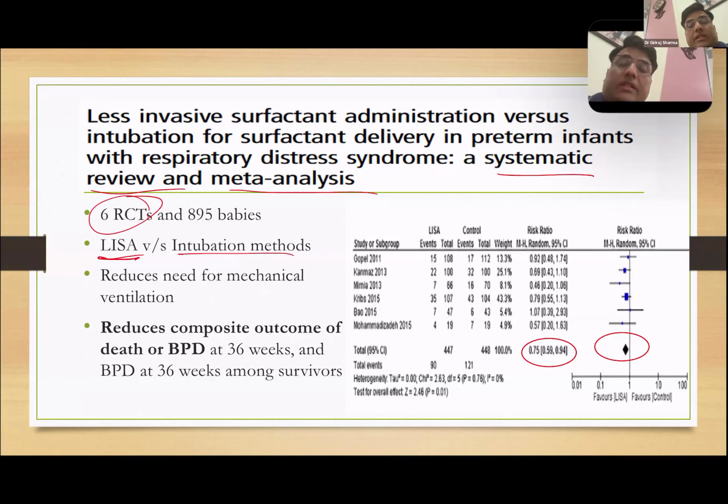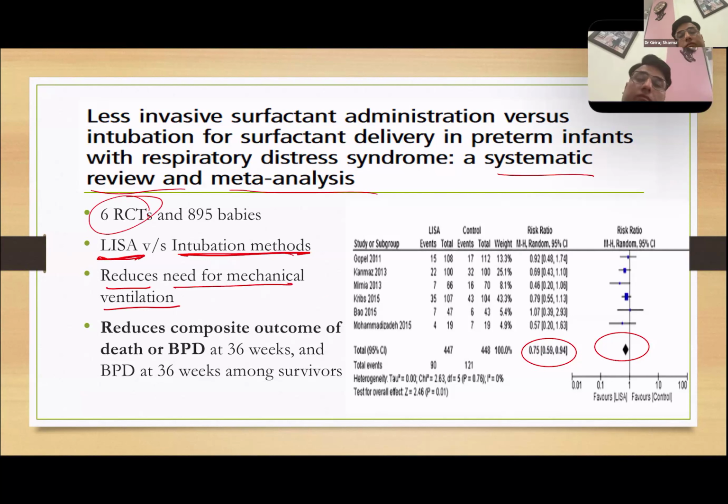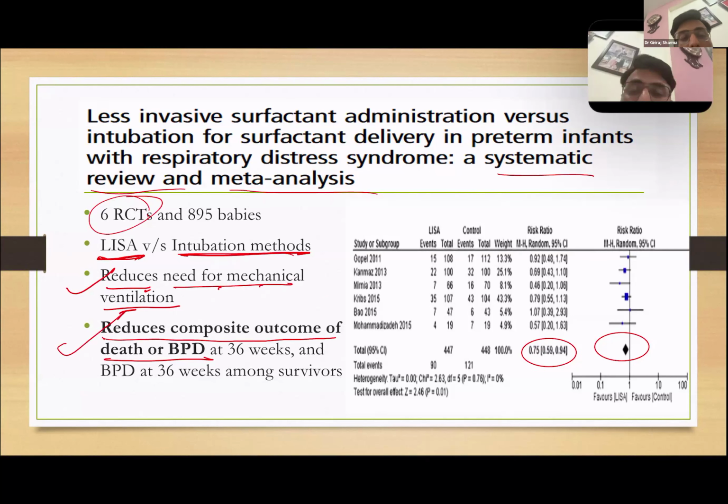In this meta-analysis, they compared LISA versus intubation methods, and found that the LISA method reduces the need for mechanical ventilation and reduces the composite outcome of death and BPD. So the LISA method is preferred in preterm babies because of reduced risk of BPD, death, and need for mechanical ventilation.